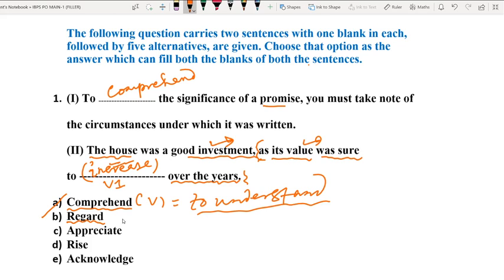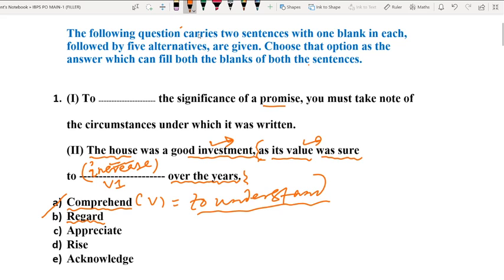Regard. Regard means to consider something, or think about something. Obviously, it can go into the first blank without any hesitation. We can say, instead of comprehend, to regard the significance of a promise.